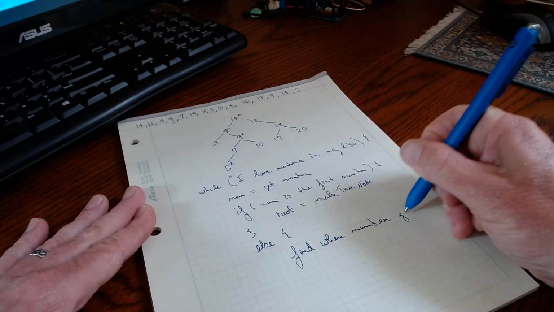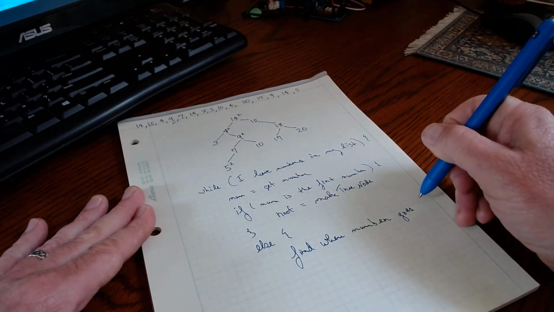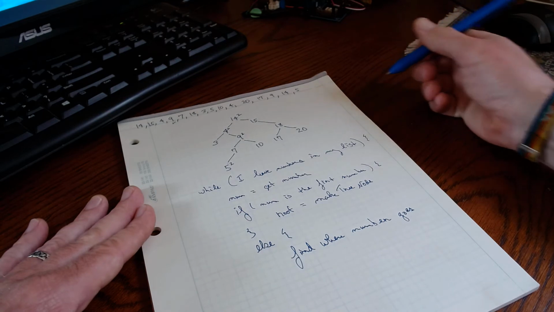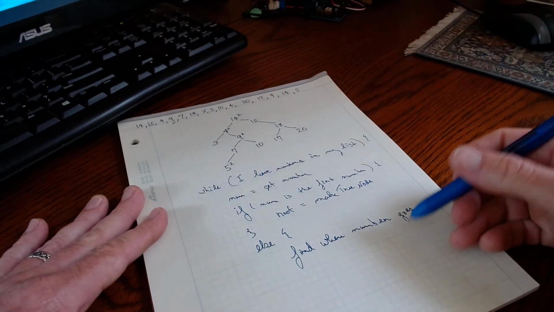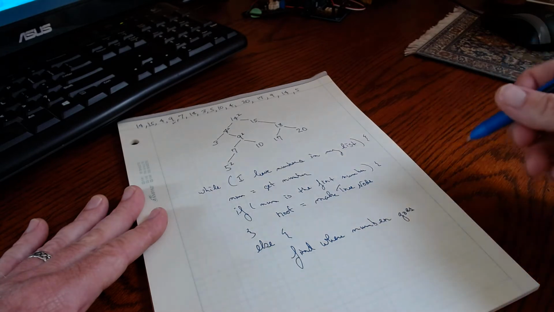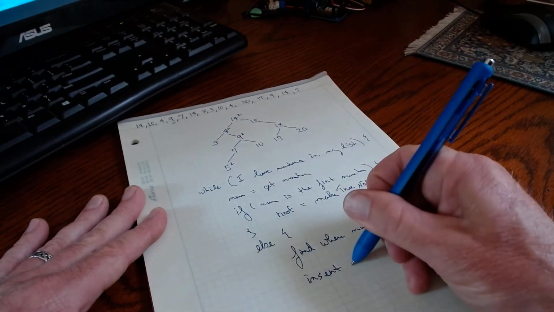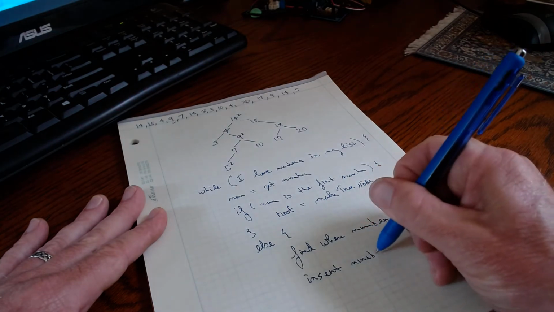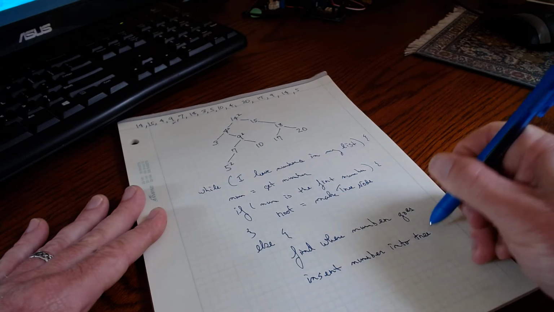Once I find where it goes, I need to insert it into the tree. Insert number into tree. About like that.